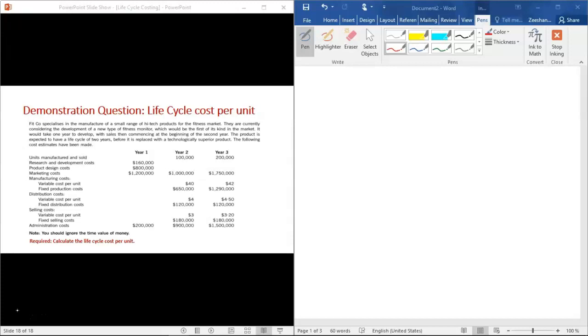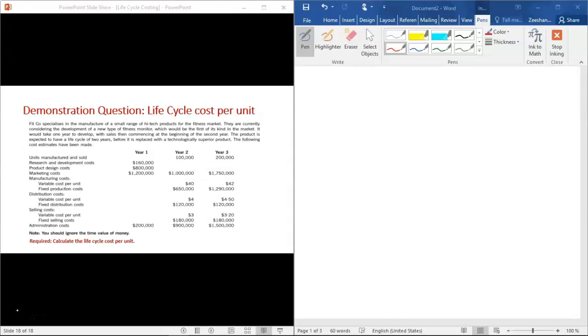Fit company specializes in the manufacture of a small range of high-tech products for the fitness market. They're currently considering the development of a new product, which would be the first of its kind in the market. It would take 1 year to develop, with sales then commencing at the beginning of the second year. The product is expected to have a life cycle of 2 years before it is replaced with a technologically superior product.